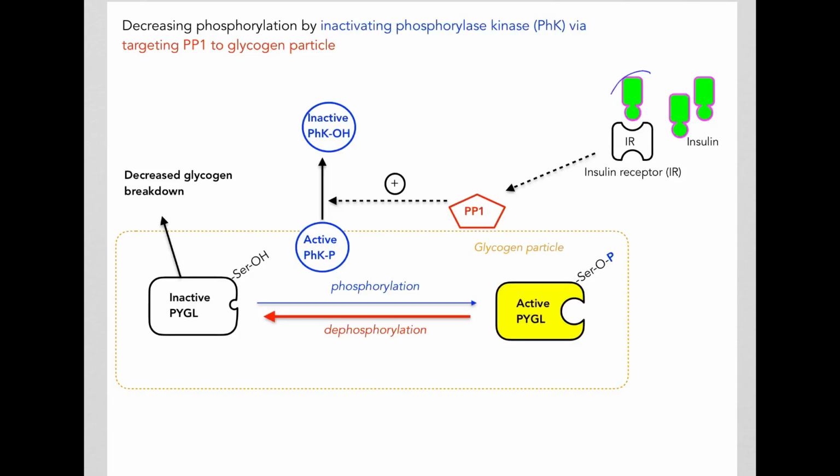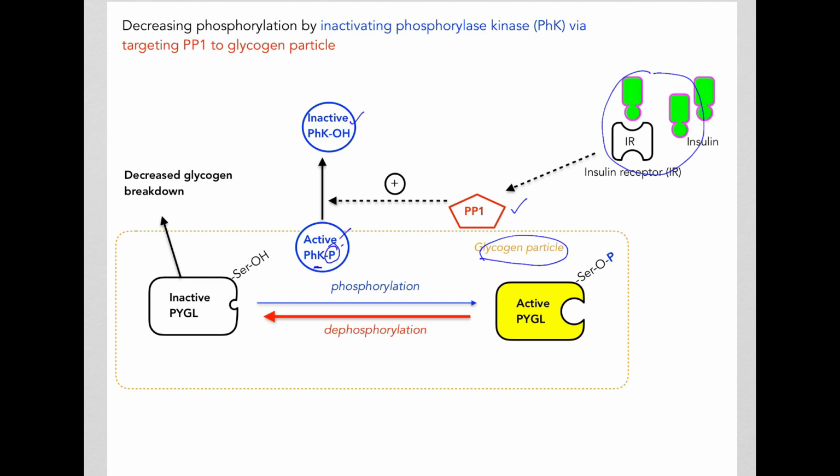Insulin binding the receptor results in the targeting of the glycogen particle once again by PP1, phosphoprotein phosphatase 1. One of the effects of PP1 is to convert the phosphorylated form of PHK, phosphorylase kinase, which is the active form, into the inactive form.